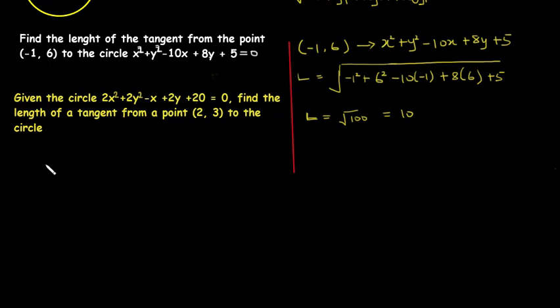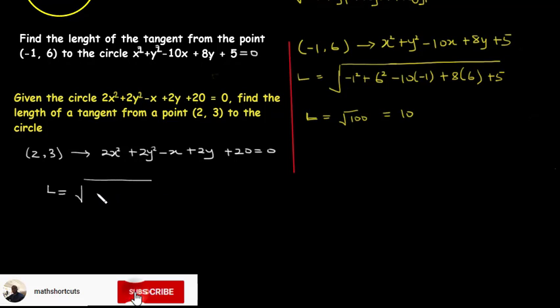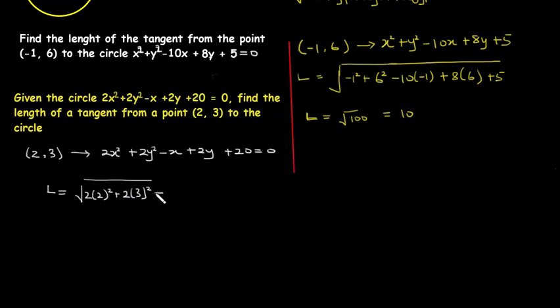So using the same principle, we substitute the point 2, 3 into the given circle 2x squared plus 2y squared minus x plus 2y plus 20 equals 0. So we know the length is equal to the root of, now 2 into bracket 2 square plus 2 into bracket 3 square minus 2 plus 2 into bracket 3 plus 20.